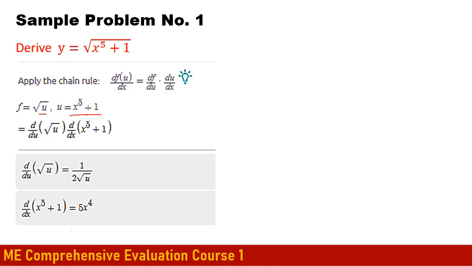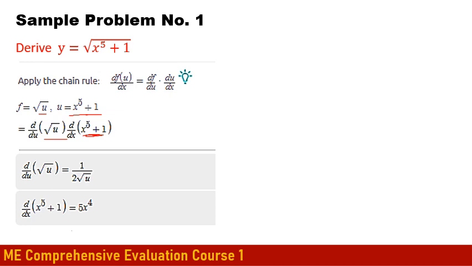If we put this in the chain rule, then we will have d over du of f, which is the square root of u, multiplied by du dx, the derivative of the value inside the radicand, which is x to the power of 5 plus 1.